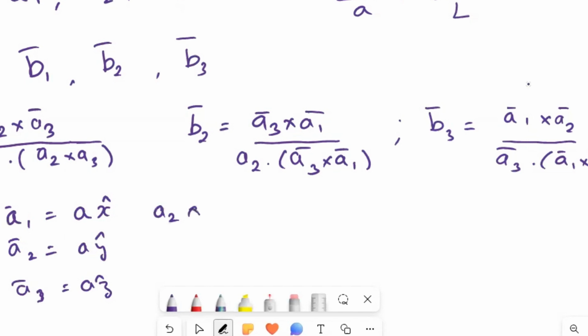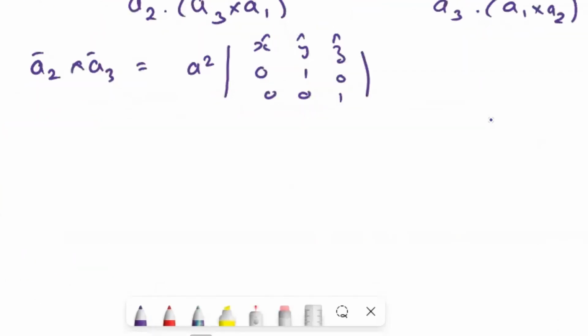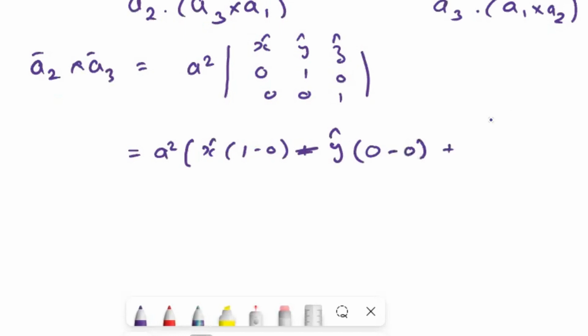First of all, a2 cross a3, with the rows x y z, 0 1 0, 0 0 1, gives a square times 1 minus 0 in x, then 0 minus 0, and again 0 minus 0.